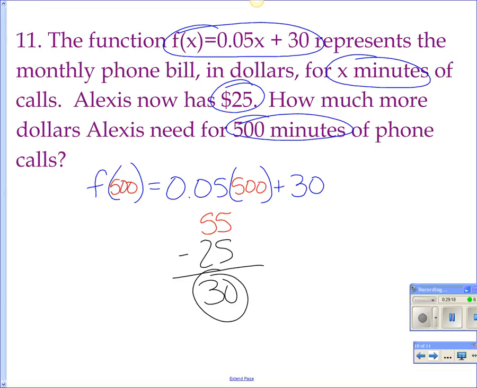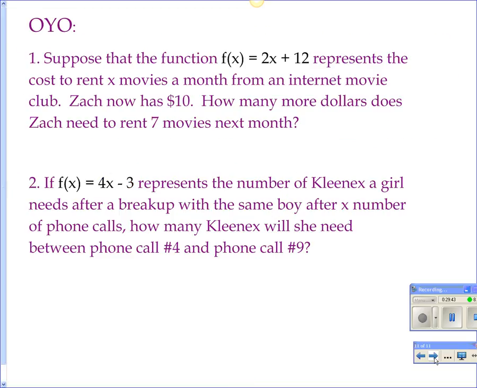Allison? Hey, Allison's going to try it. Very good. Alexis needs $30 more. Good. Very good. Okay. All right.